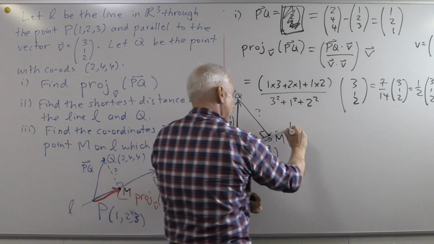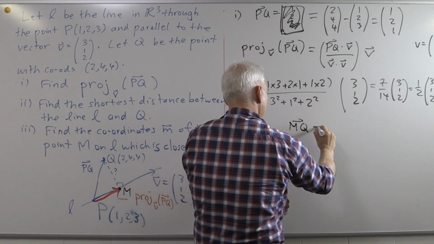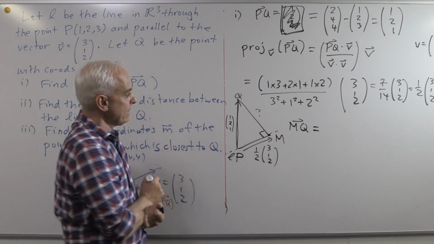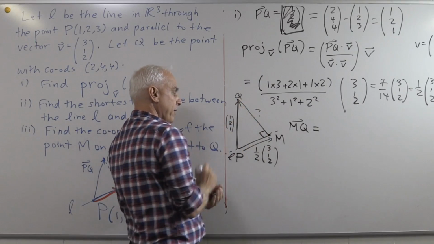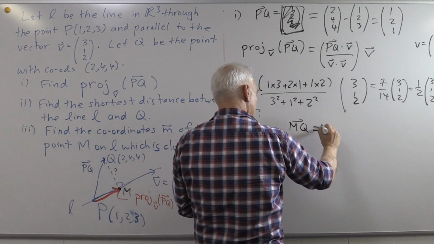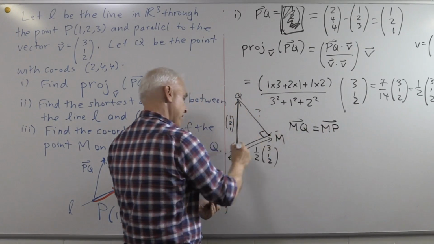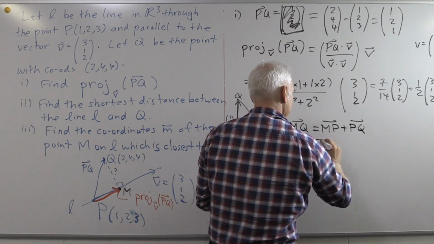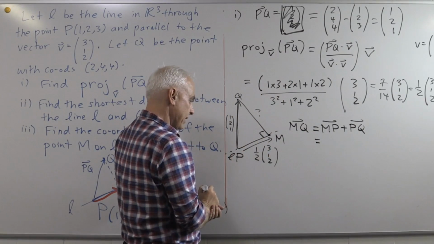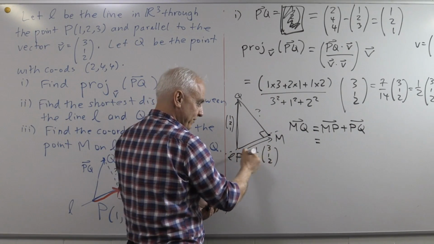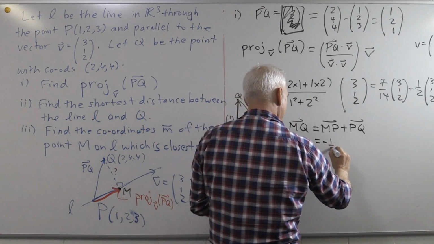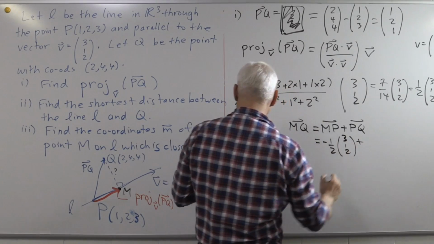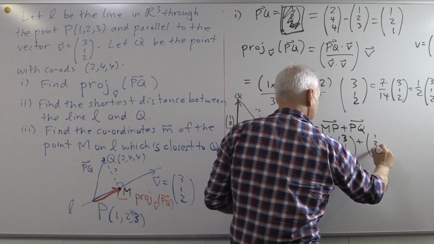So the vector MQ is going to be, this was the point P. So MQ, to go from here to here, we can get there by going from M to P first, and then going from P to Q. Going from M to P is in the opposite direction of this one here, so it's minus 1/2 times the vector 3, 1, 2. And the vector PQ is this vector 1, 2, 1.